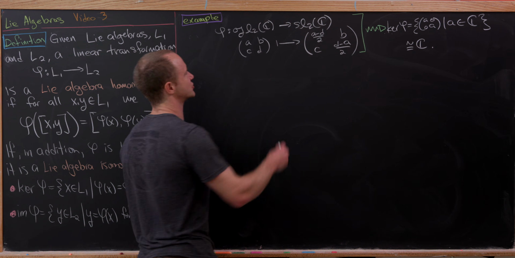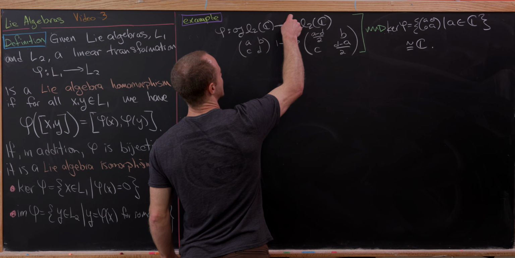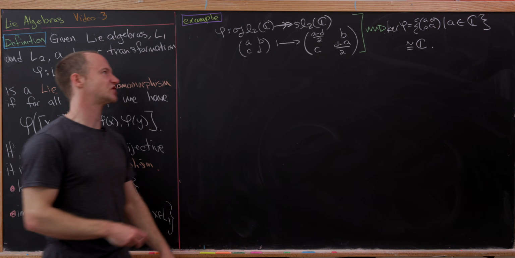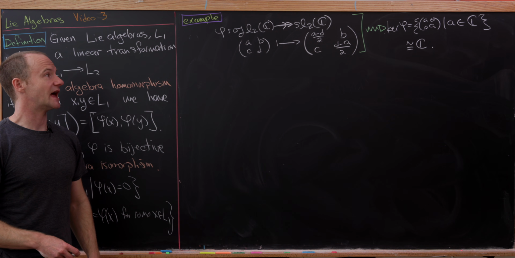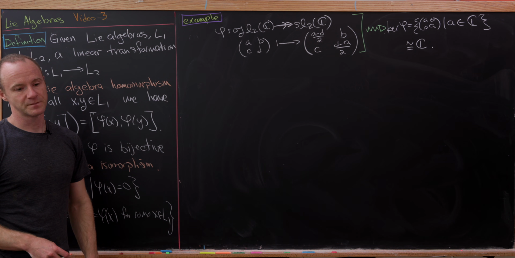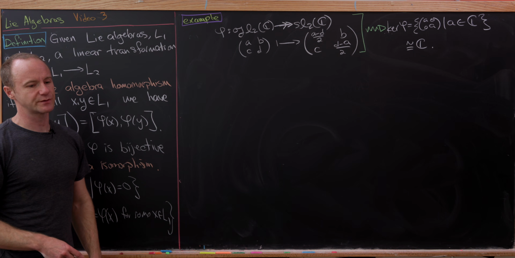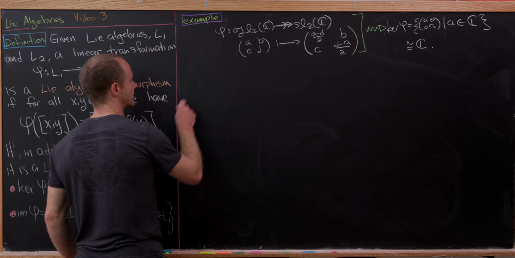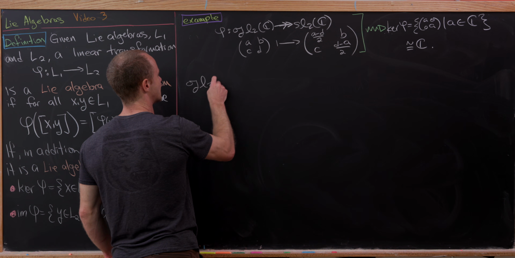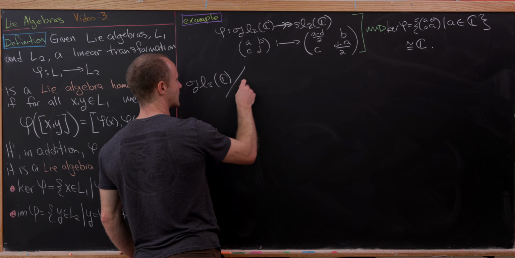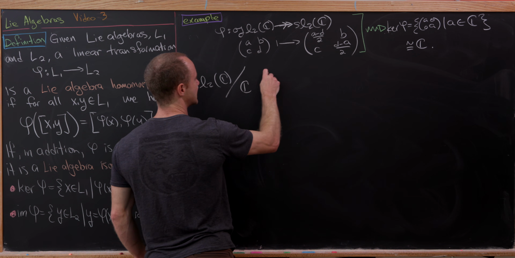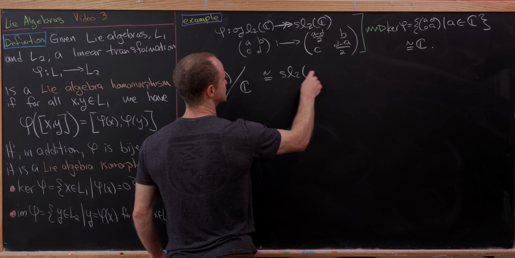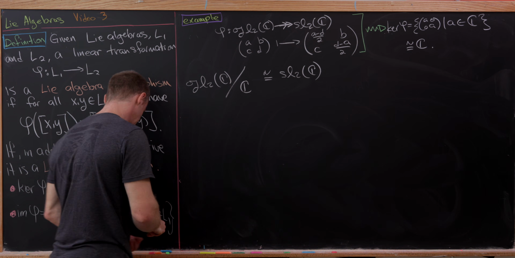Furthermore, this is a surjective map, so I won't check that explicitly, but you can pretty easily check that this is onto SL2C. Well then, applying the first isomorphism theorem, we have GL2C mod the kernel, but I'll write the kernel as C, is isomorphic to the image, which is SL2C.